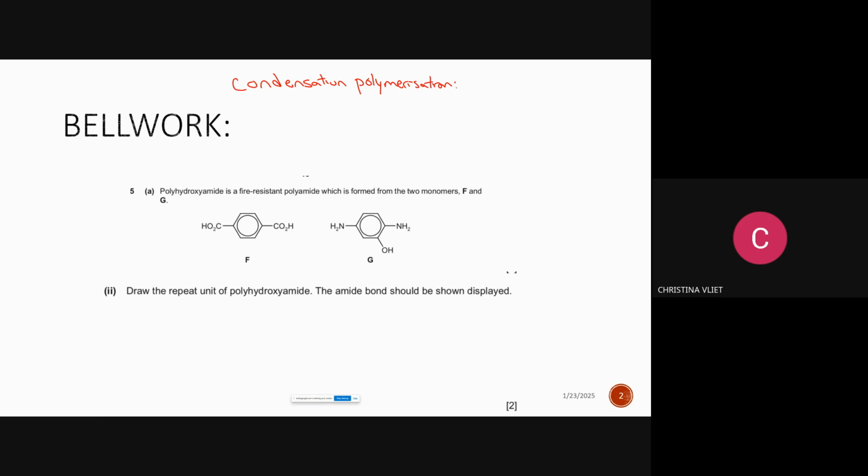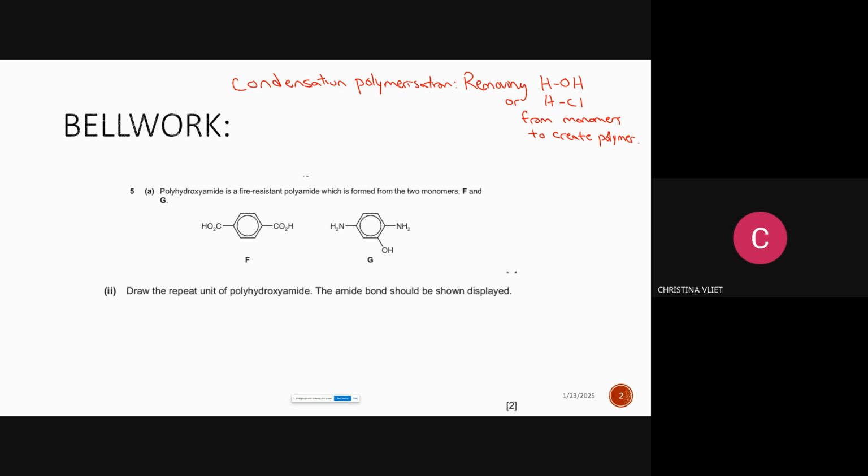So it's removing HOH, water, or HCl from monomers, which are the individual units, to create polymers. That's the idea of what a condensation polymer is.